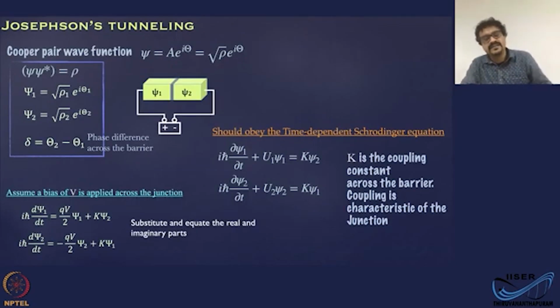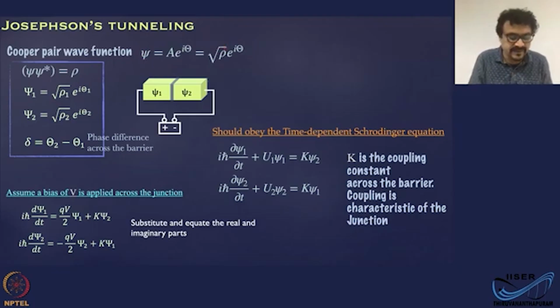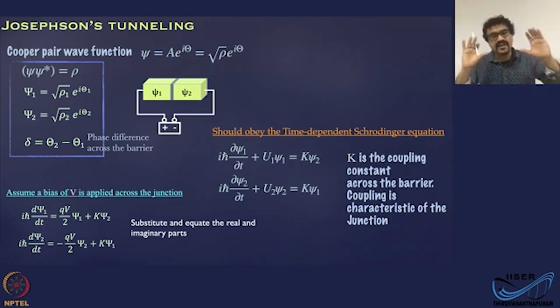Now, let us set up the formalism of Josephson tunneling. Okay. What you have is two superconductors with wave functions psi1 and psi2. The wave function is of this form. This is a Cooper pair wave function. There is only one state we are considering. We are not worried about the quasi-particle here, only Cooper pairs.